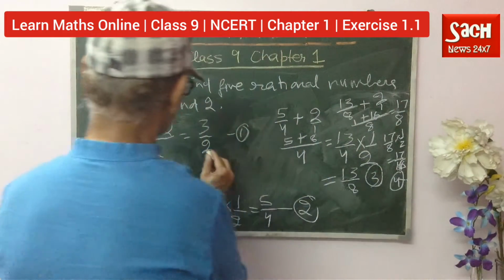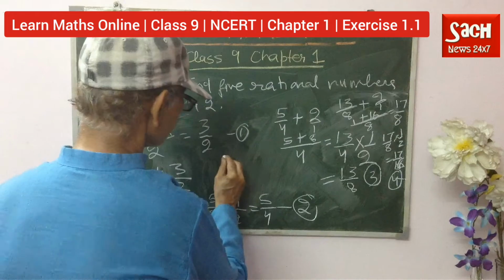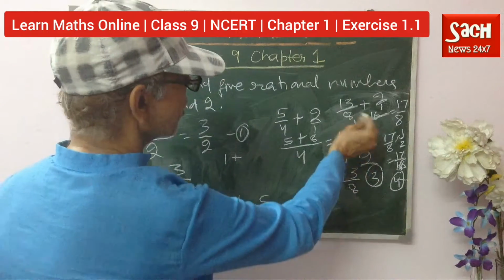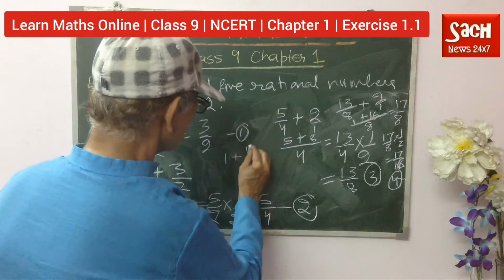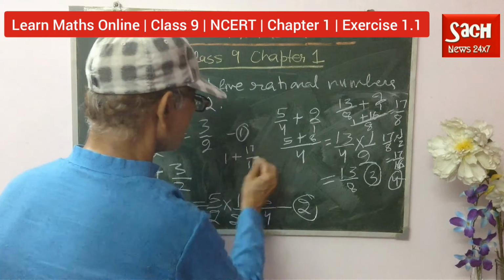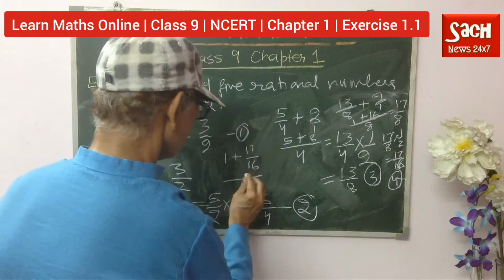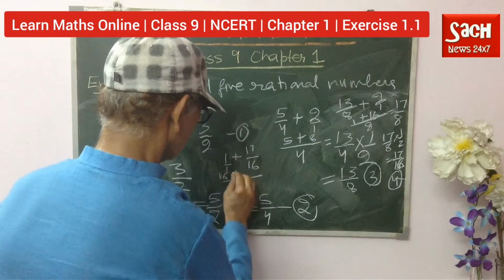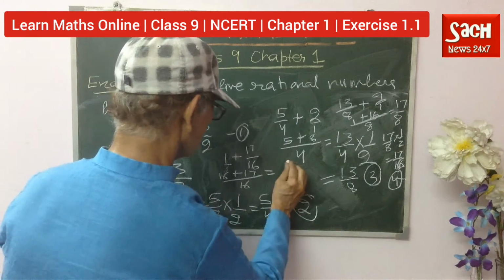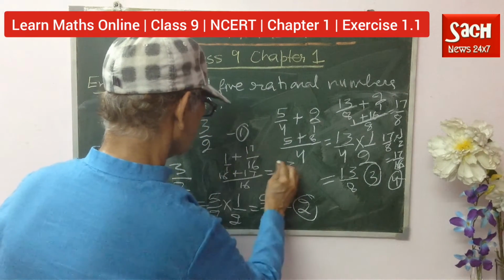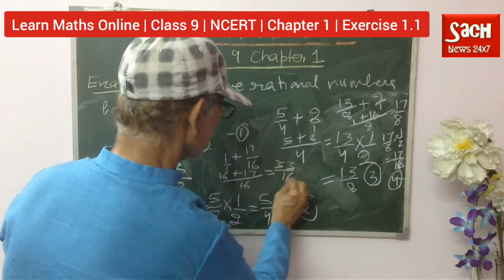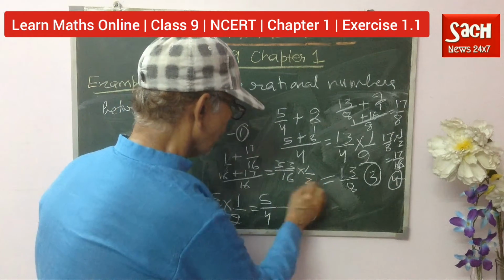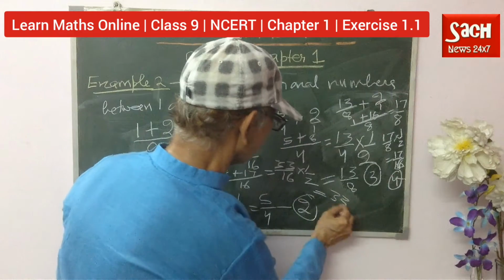Take one more, between 1 and 17 by 16. Take 16, then it will be 16 plus 17, this is 33 by 16, and then divide by 2, 33 by 32.